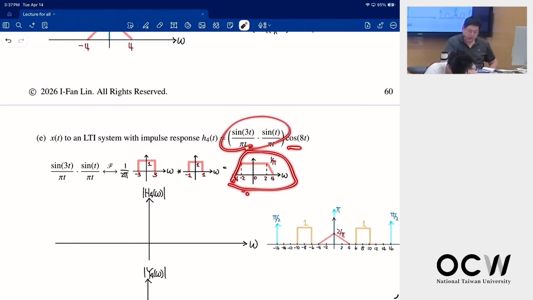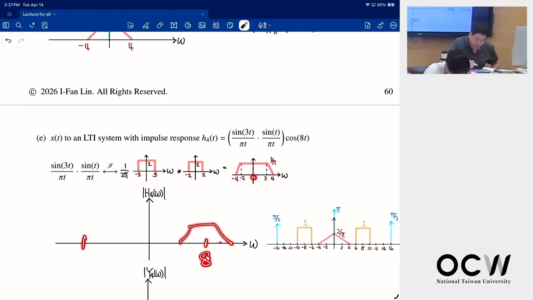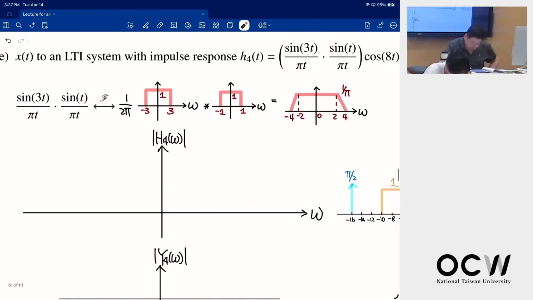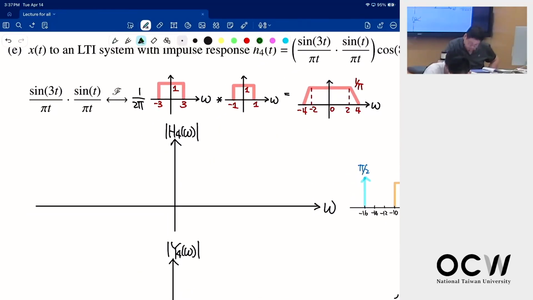Now doing the modulation, I shift to the right with 8 units, shift to the left with 8 units. So this middle 0 will be here at 8, and -8. Correct? So let's do the shift here.